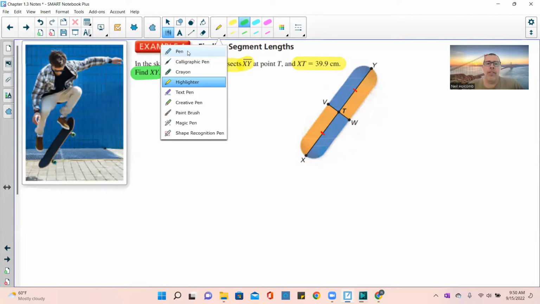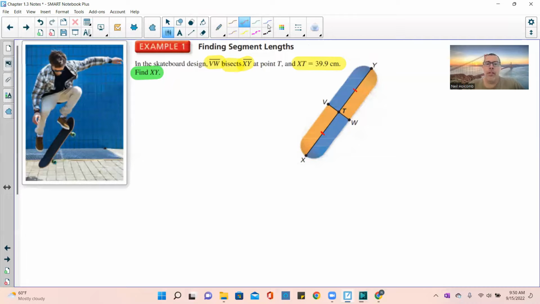So from the last video, and you're going to hear me say this all year long, step 1, write a formula. XY equals, and since I have a bisector, XY equals the sum of its two parts, and its two parts are equal. So XY equals XT plus TY. Now I'm going to substitute in my givens.